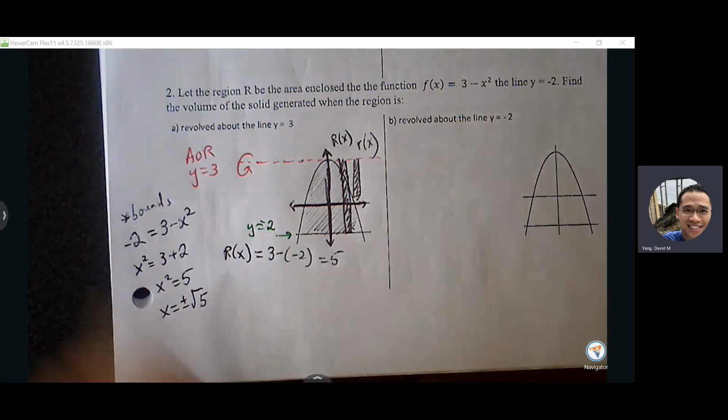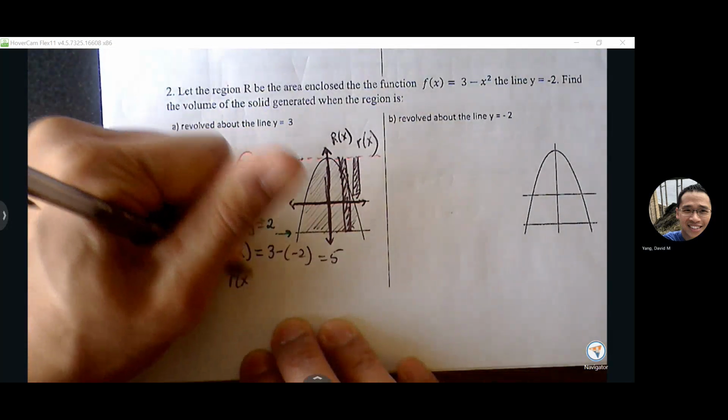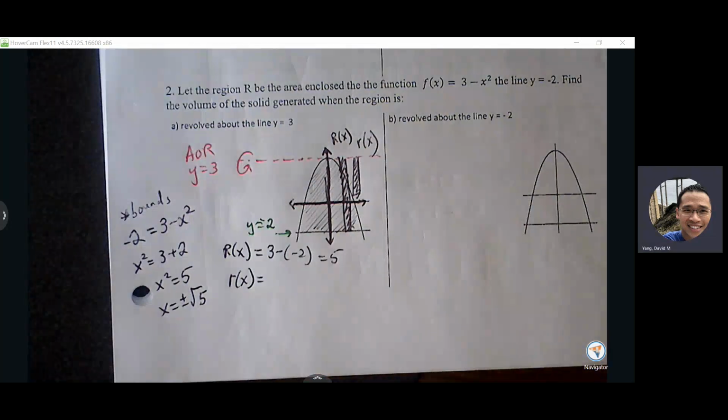Okay, little radius. Top minus bottom. What's the top of little radius sitting on? 3. What's the bottom of little radius sitting on? It's the curve, right? Especially the curve.